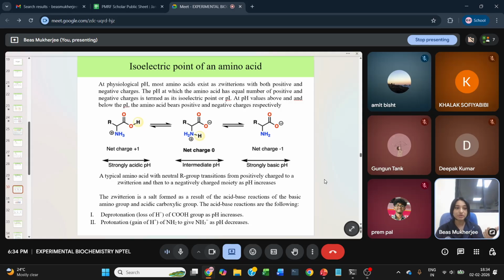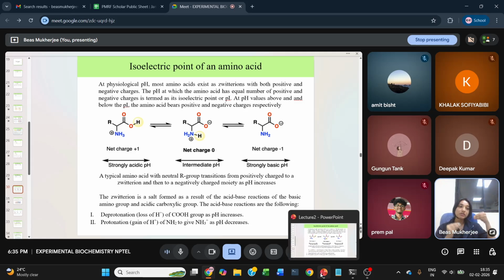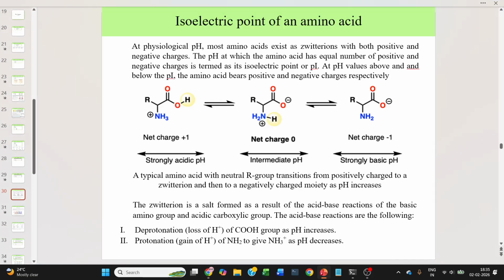Deprotonation means loss of a proton from the COOH group as the pH increases. Protonation, or gain of H+ by NH2 to give NH3+, occurs as the pH decreases. Right? Understood? Okay. As you increase the pH, all the groups are going to lose H+ ions in a specific order. As you drop the pH, all of them are going to accept H+ ions in the exact reverse order. Achha. So, hopefully you've understood that.